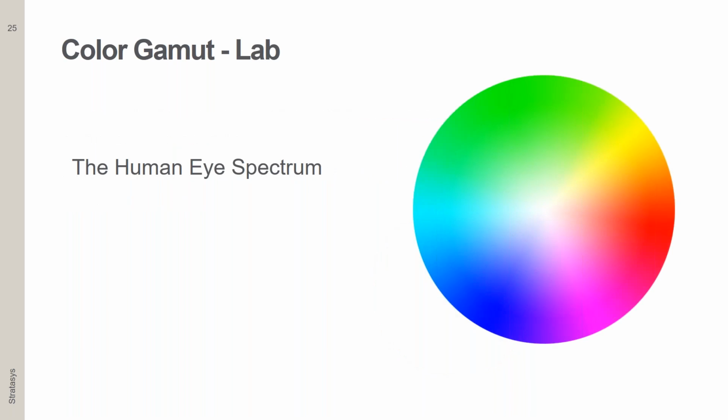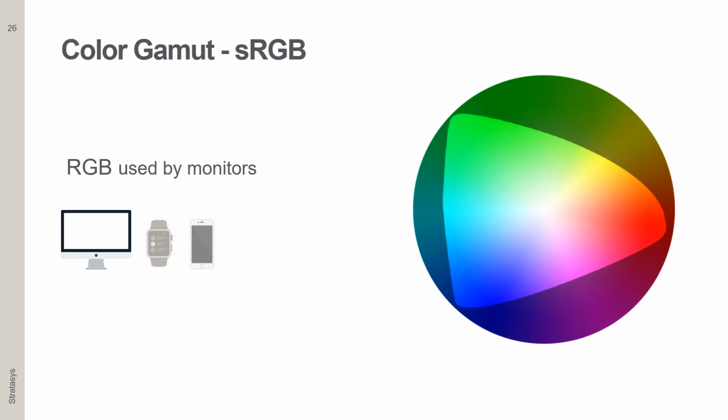So the human eye spectrum is the biggest area. That's what we call LAB. Yeah, so the human eye color spectrum is the LAB value. The highlighted area from that is then the RGB color, which is made for screens, mobile devices, and so on.